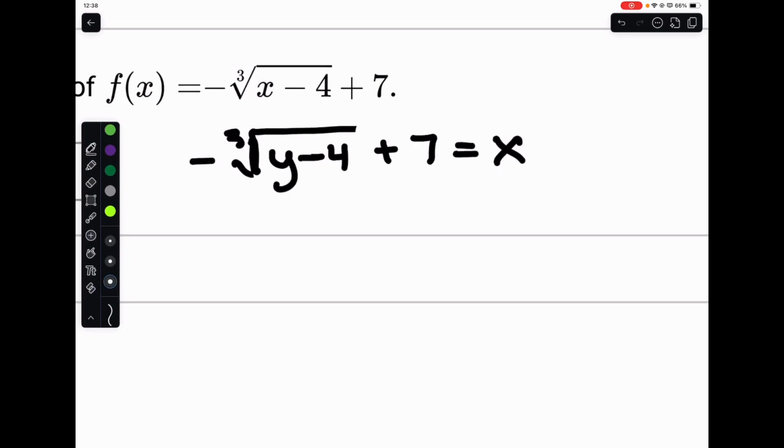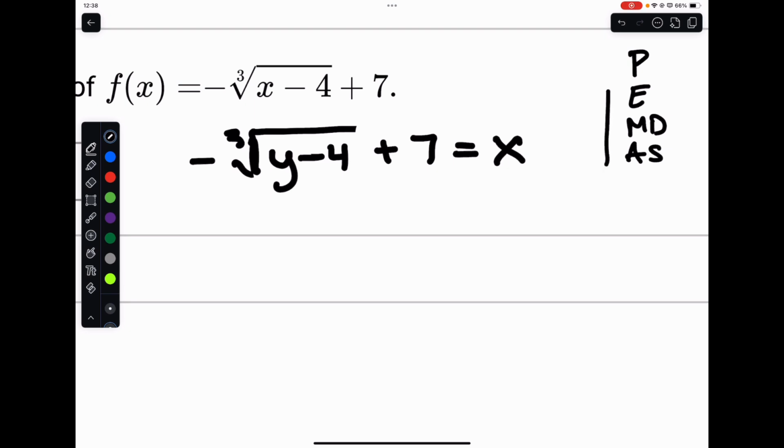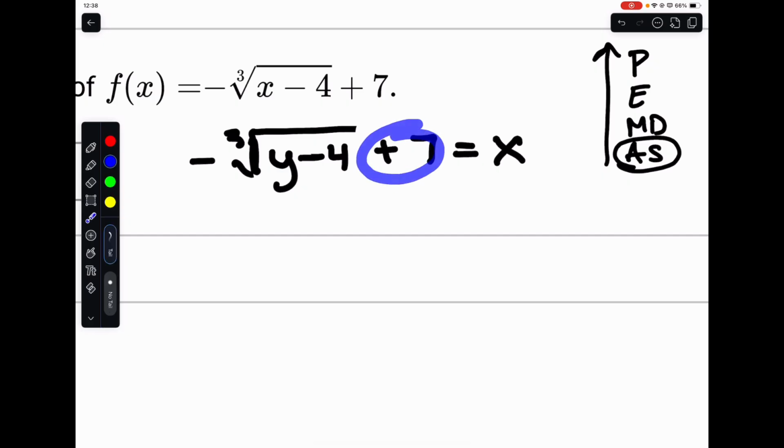To do that, the first thing we need to do, because of PEMDAS, is simplify this. We want to undo PEMDAS. So starting from the bottom, we want to get rid of any outside addition or subtraction. So that would be this 7 here first. So we're going to subtract that 7 from both sides.